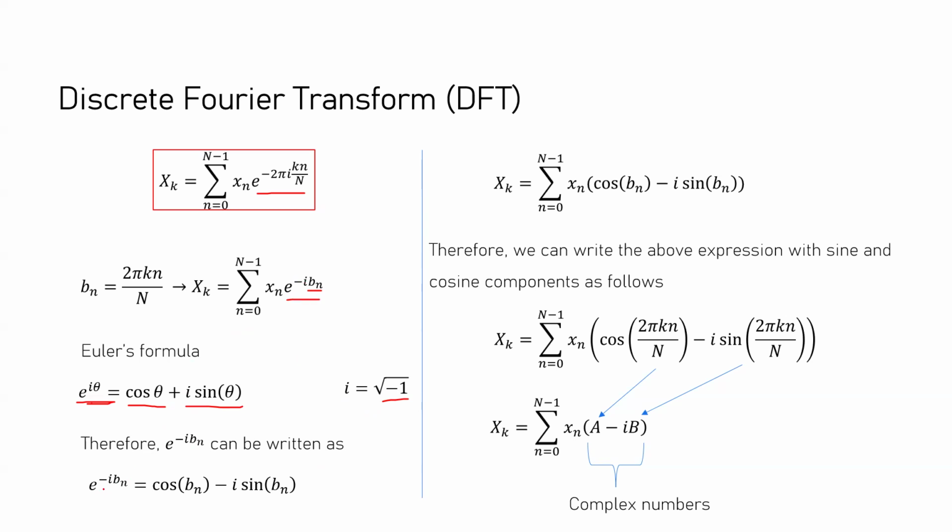So exponential of minus i Bn is equal to cosine of Bn minus i sine of Bn. So we can substitute the exponential with this cosine and sine. So we can plug this quantity again here for Bn, and we have this expression.